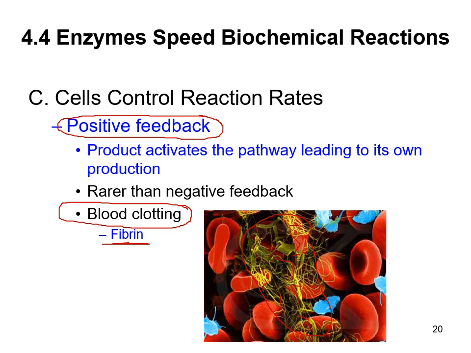The problem here is that one contraction is not enough for the baby to be expelled out of the body. Instead, that one contraction will cause the brain to release even more oxytocin. And the more oxytocin you release, the stronger and the more numerous the contractions become.